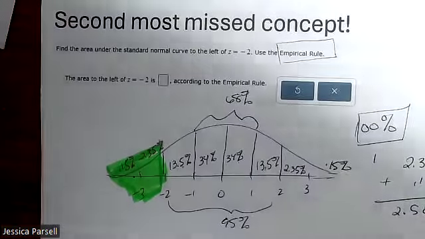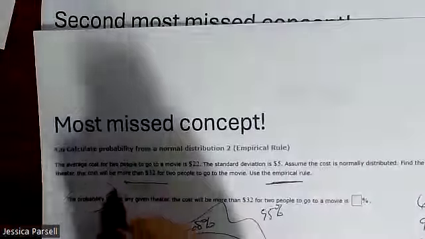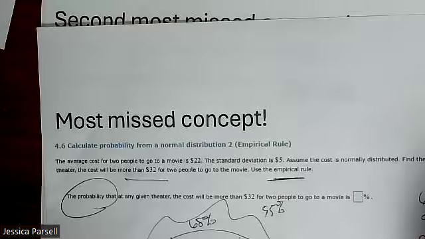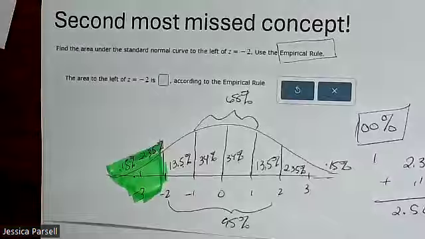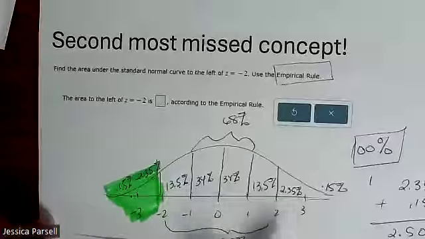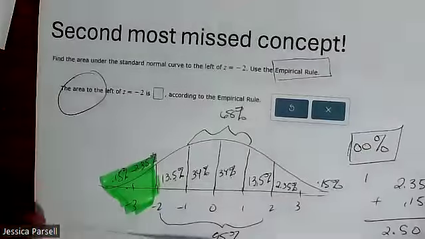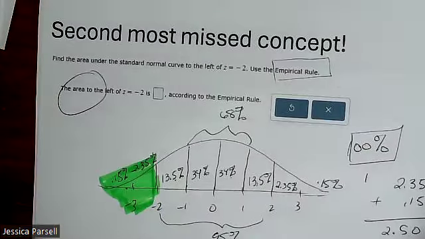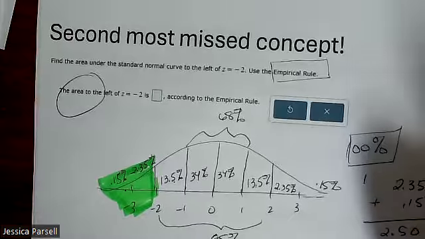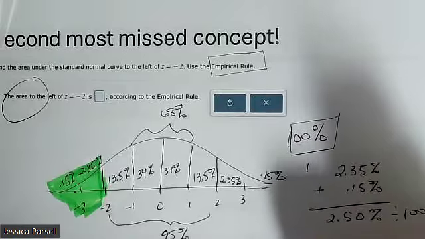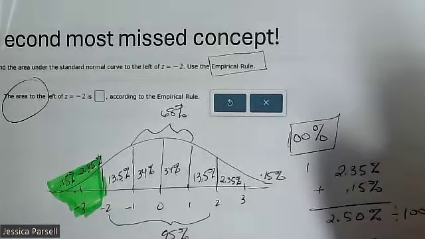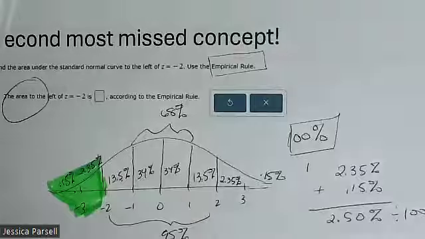It's in the way you want to deliver your answer. When they use the word probability, like they did on that other question, we want to use percentage. When they use the word area, we want to use decimal. So you would divide this by 100 and get 0.025. Okay, that's the area, the piece right there.